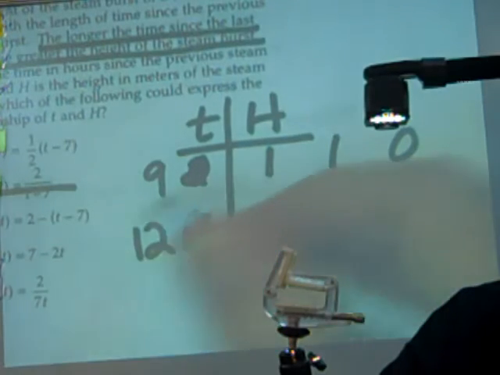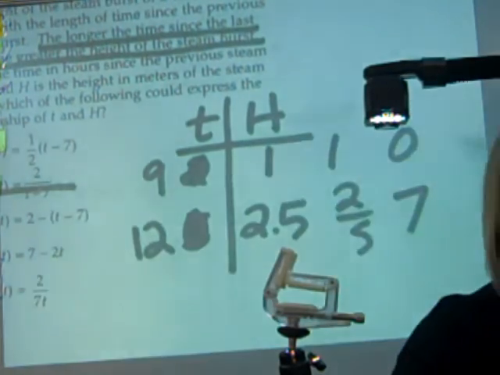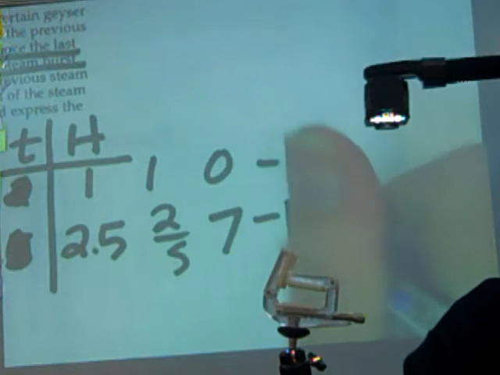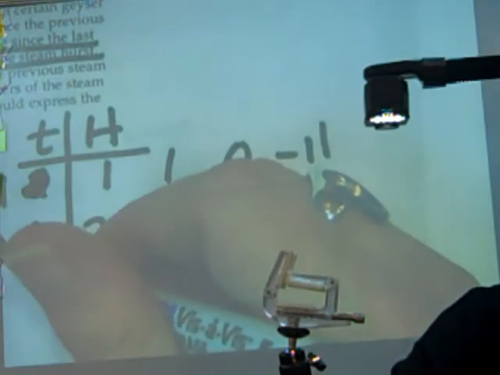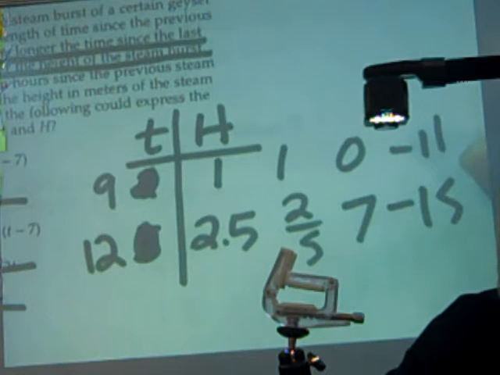If I plug in 9 here, I get negative 11, and if I plug in 12, I get negative 15. That went down. And then the last one, as T gets bigger, that's going to get smaller. So it's either A or C.